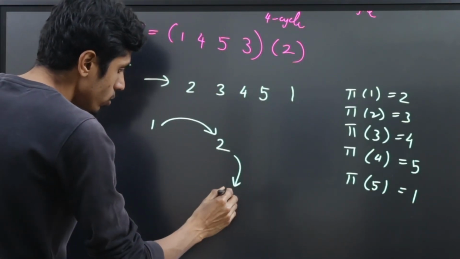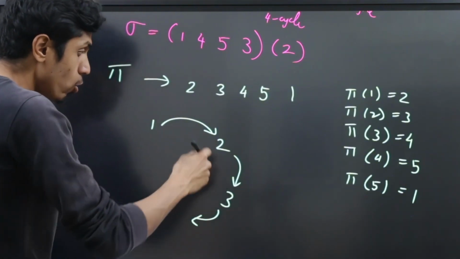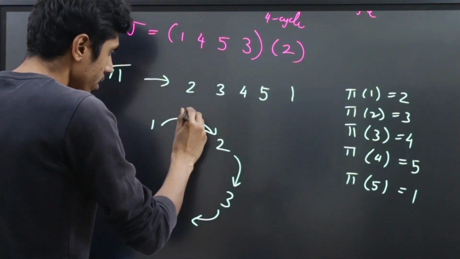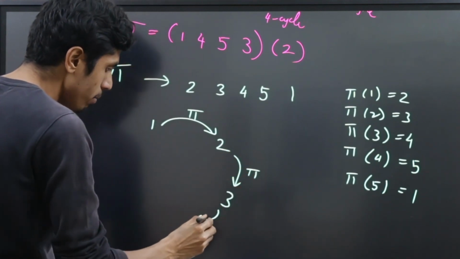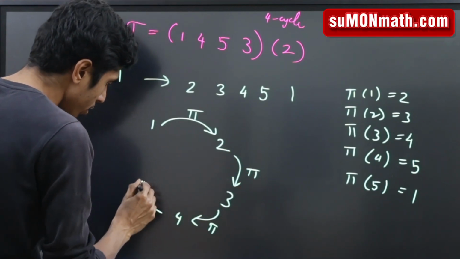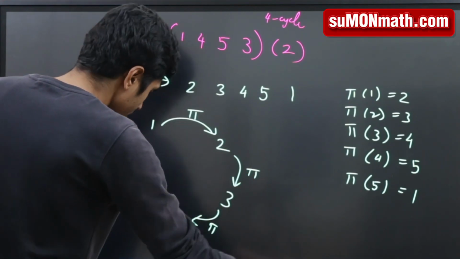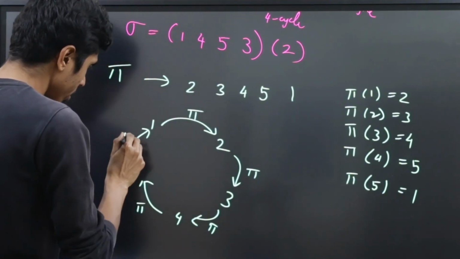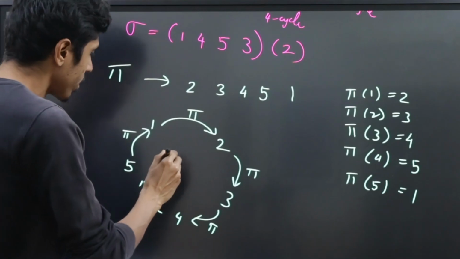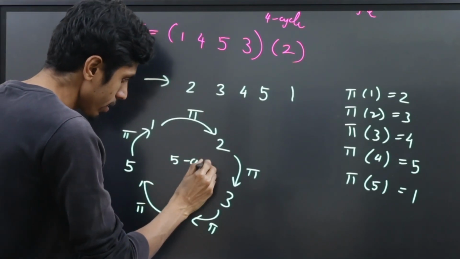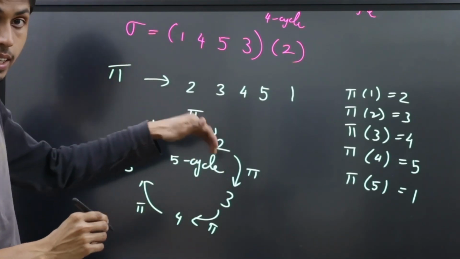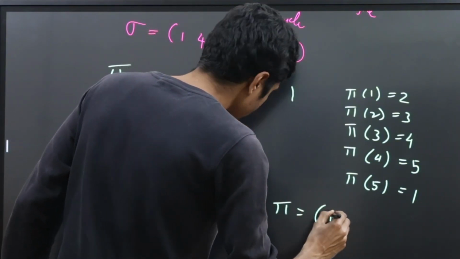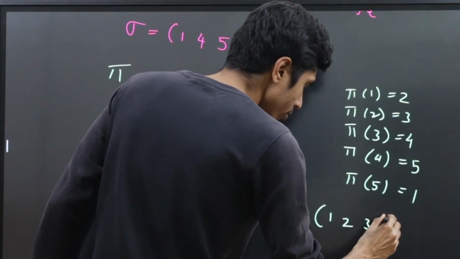So 1 goes to 2, 2 goes to 3. Goes to just means the function pi is applied. So pi of 2 is 3, pi of 3 is 4, pi of 4 is 5, and pi of 5 is 1. So this is a 5 cycle, and hence you can represent pi as just (1 2 3 4 5).